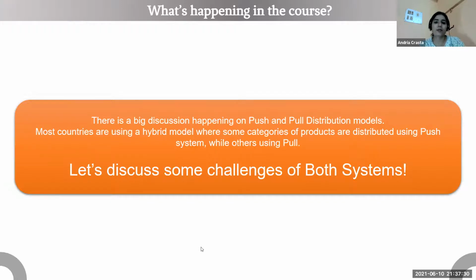I think it would be good to discuss the challenges of both systems, and in which scenarios you would use push and which scenarios you would use pull.